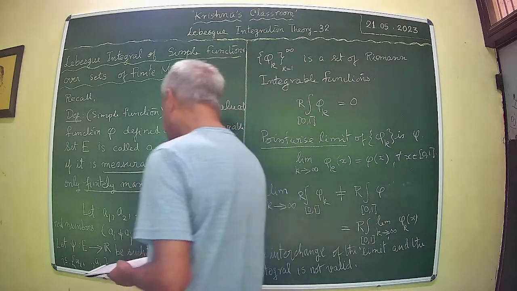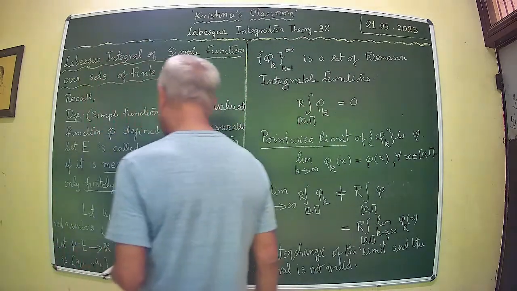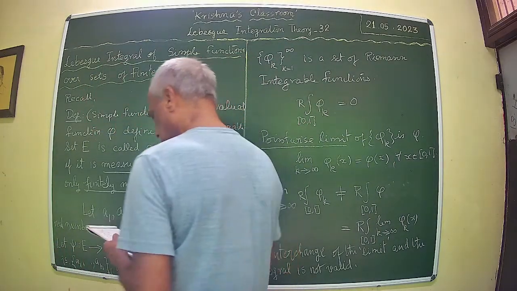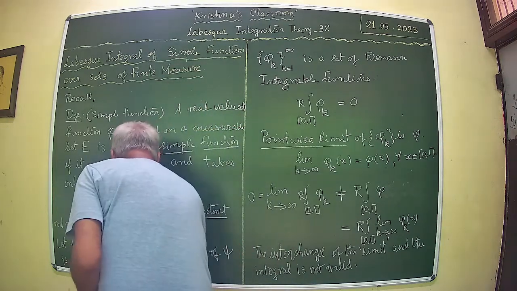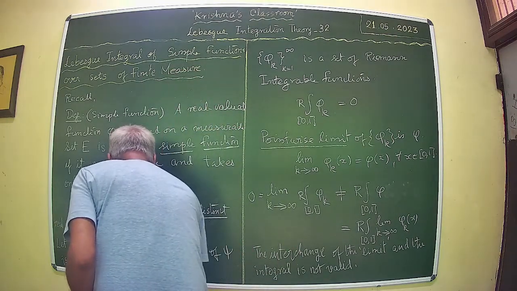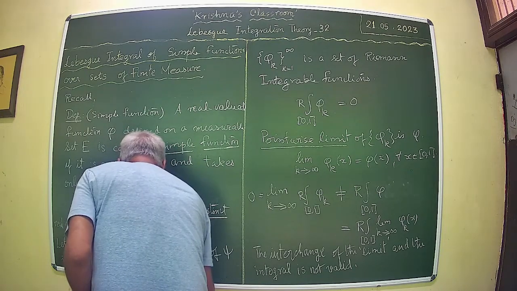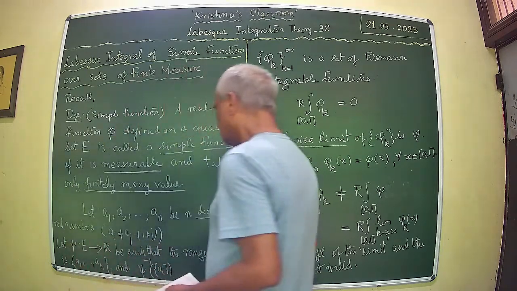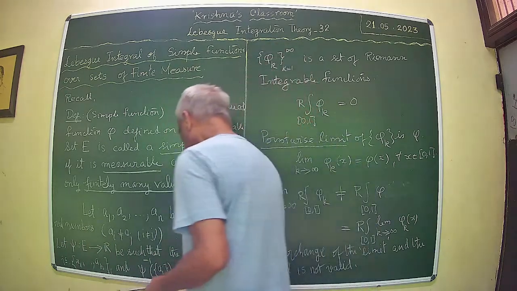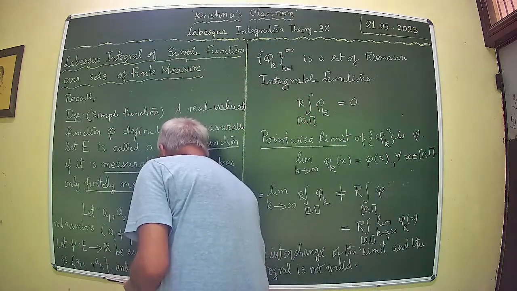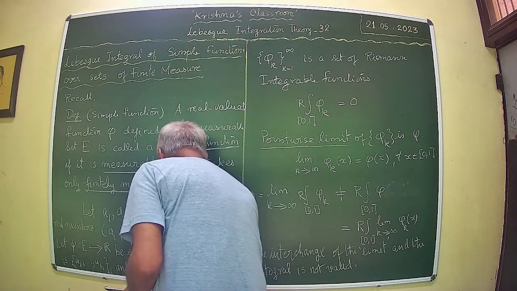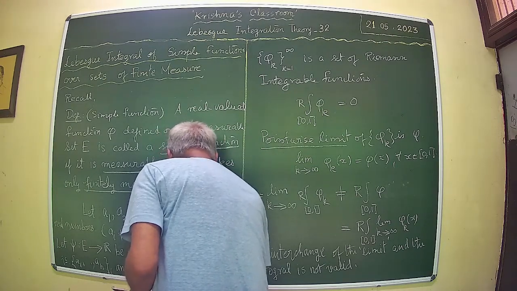because we take E to be a measurable set, psi inverse of each ai, say Ei, is measurable.